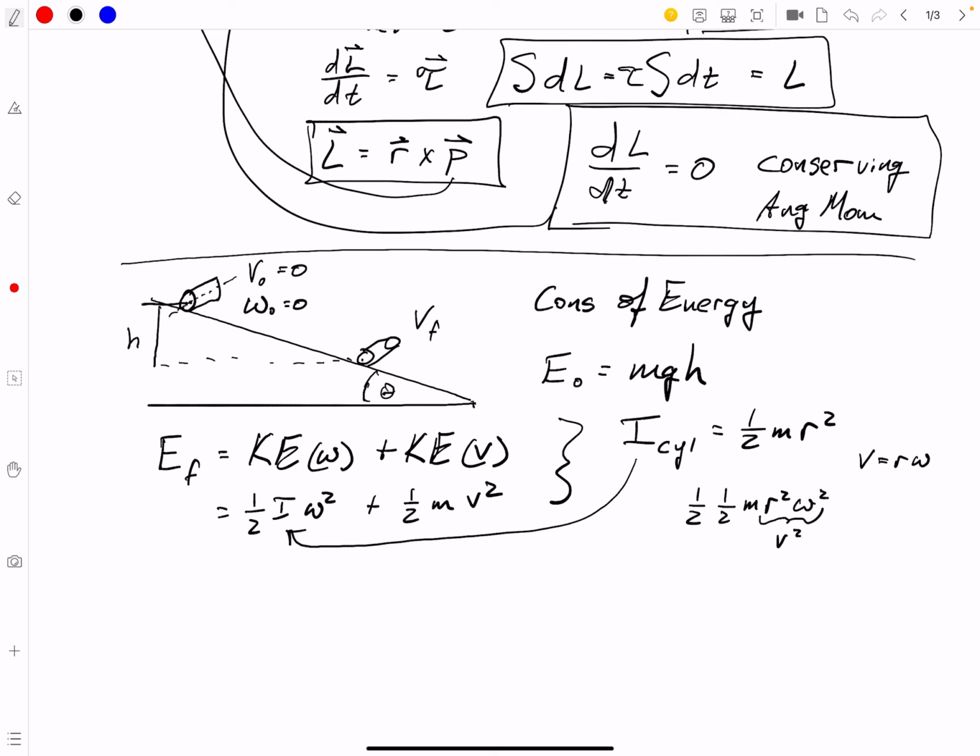So we get 1/4 mv squared plus 1/2 mv squared. A fourth plus a half is 3/4 mv squared. So that's our E final, and that equals our E initial.